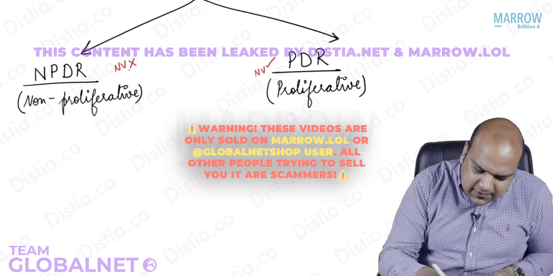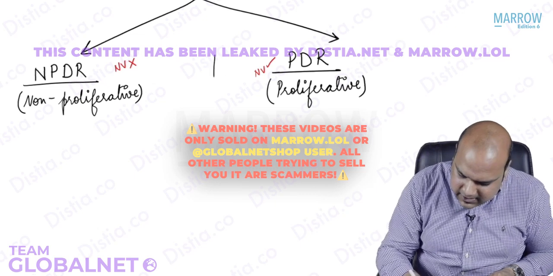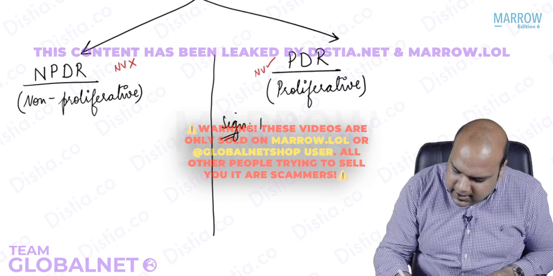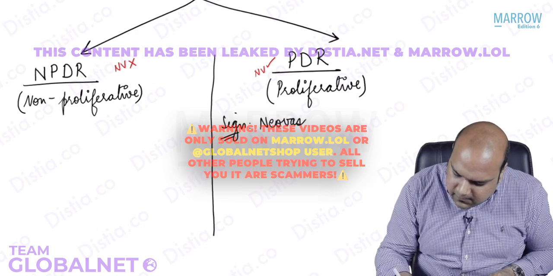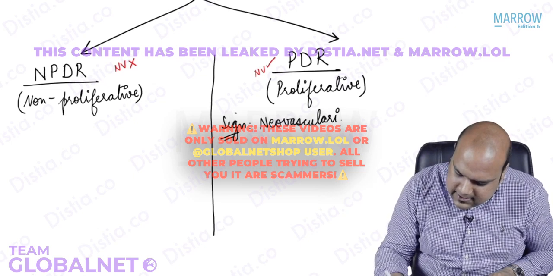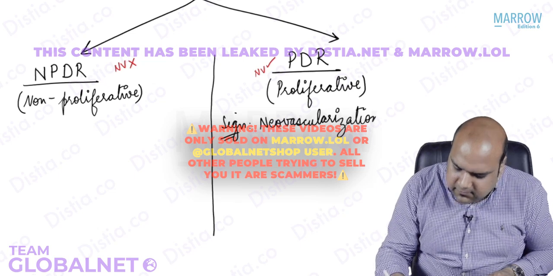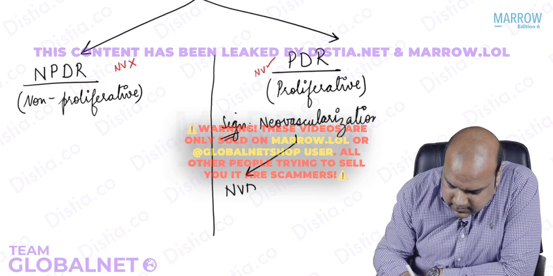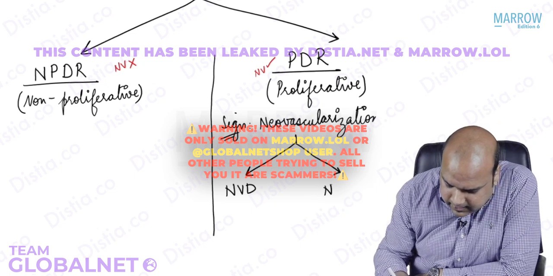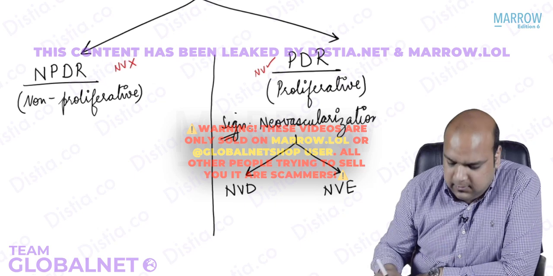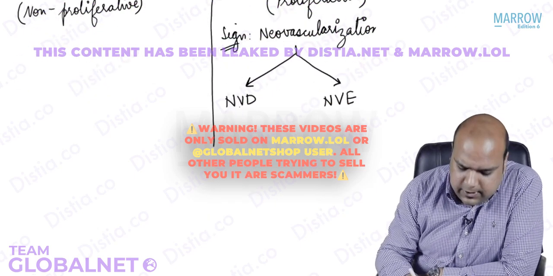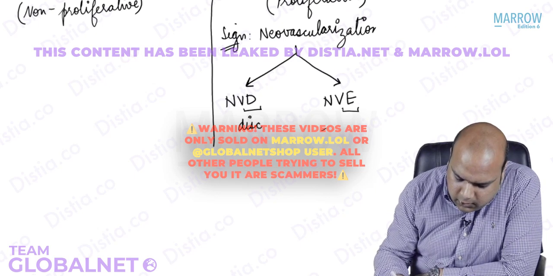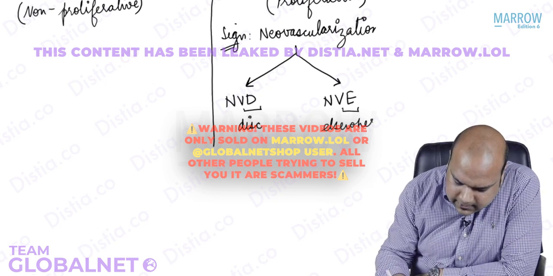So let us first see the sign of PDR. We already understand what it is: neovascularization. This can be of two types, NVD and NVE. NV is neovascularization, D for disc, E for elsewhere.